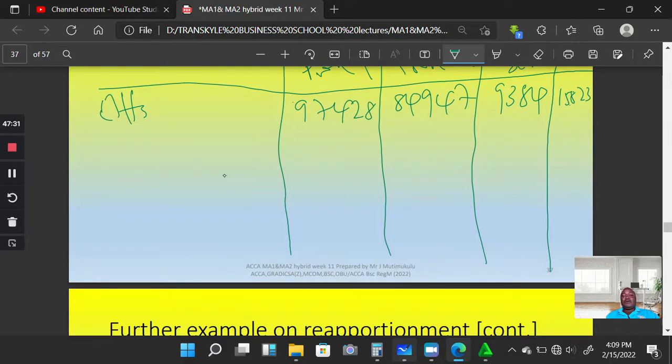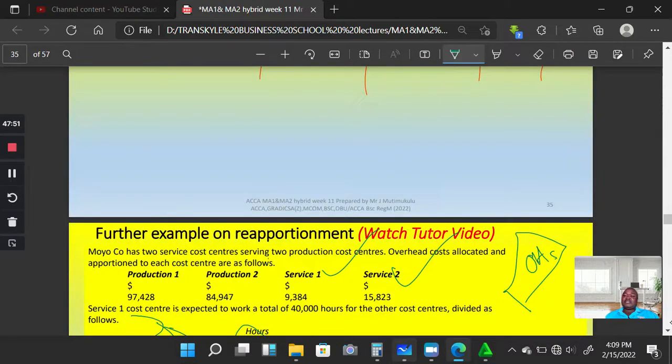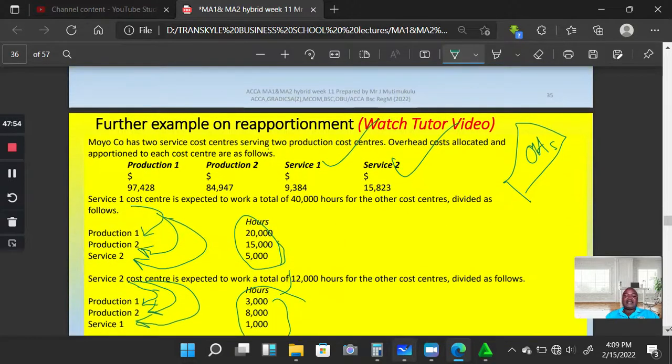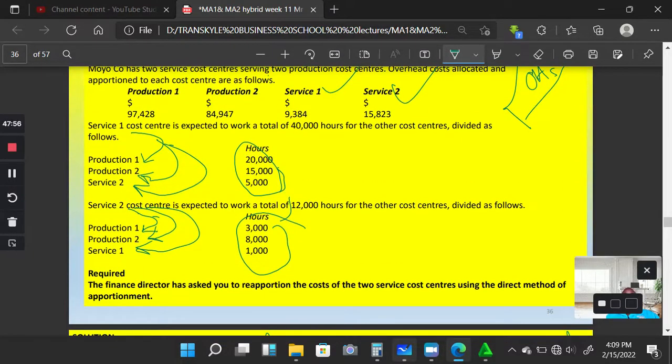Then, let us apportion, starting with service center 1. Which proportions are we going to use? We have to be led by the question, which says this service center is giving production cost center 1 20,000 hours.